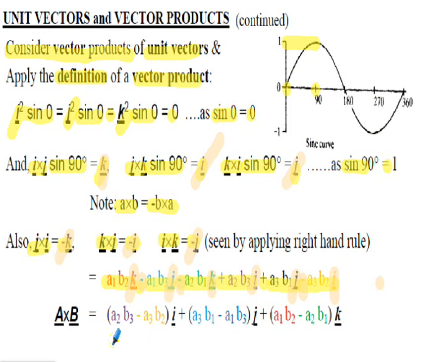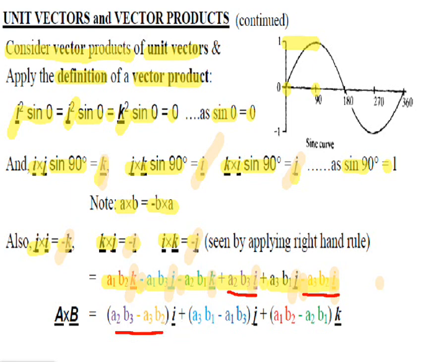So all I'm doing on the final line here is factorising on the i terms. If you look at the line above, I've got an i component here and an i component here, a negative one there. So I'm just factorising that. That's where the a2 b3 minus a3 b2 i comes from.